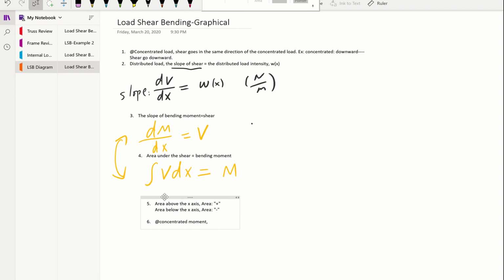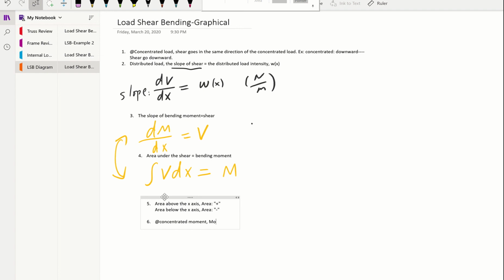That example has a concentrated moment, and I believe the previous video for analytical example 3 has a concentrated moment as well. So when you have a concentrated moment, how do we interpret it in the graphical approach? Here's the rule.